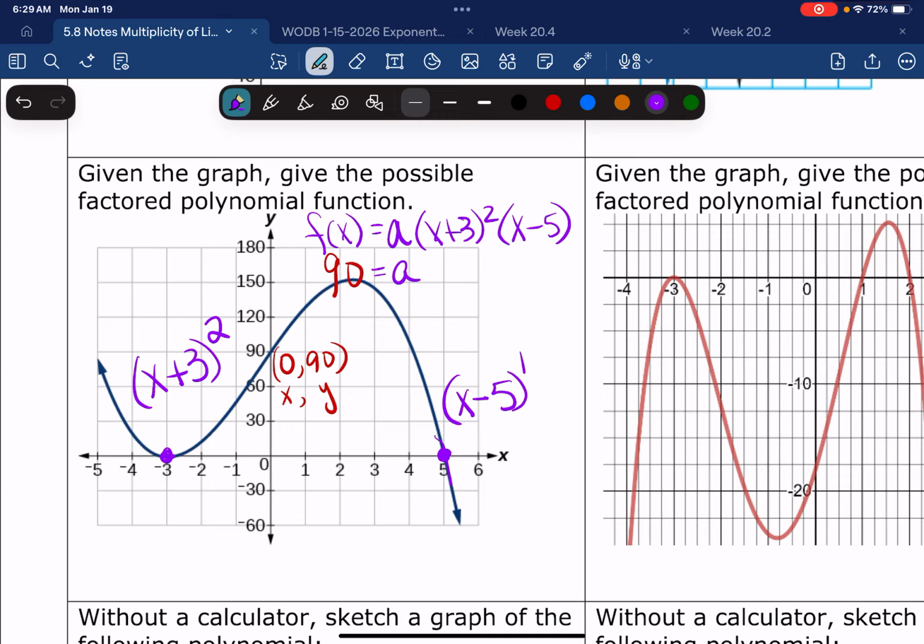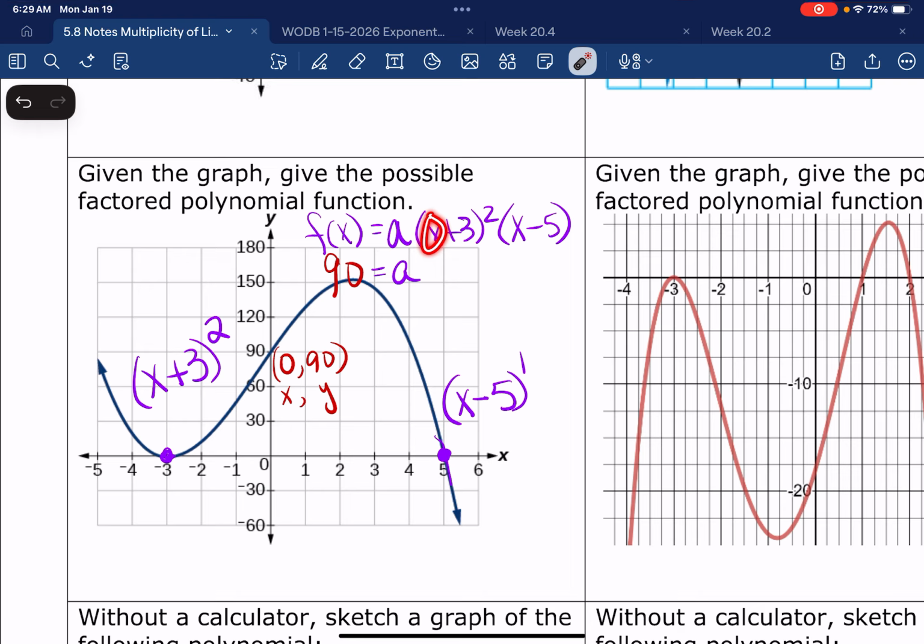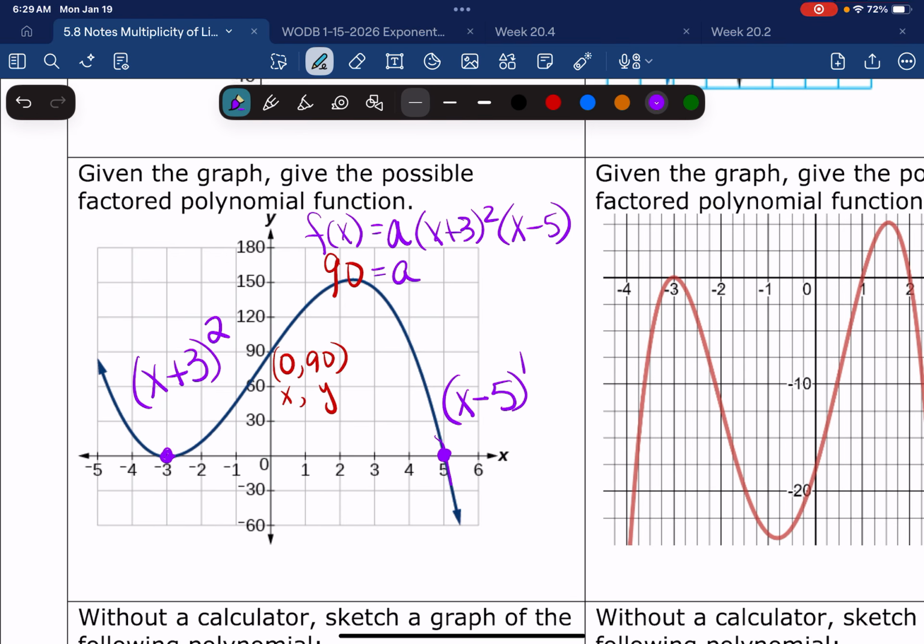When we sub in 0 for these x terms, we get 3 squared times -5. We have 90 equals a, and then 3 squared is 9 times -5 is -45. And then solving for a, if we divide both sides by -45, we would get an a value of -2.